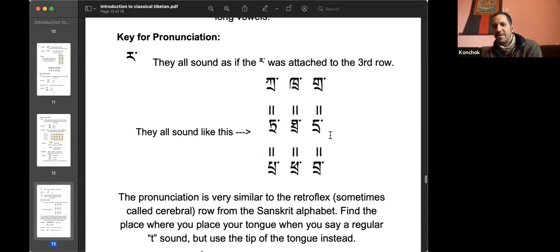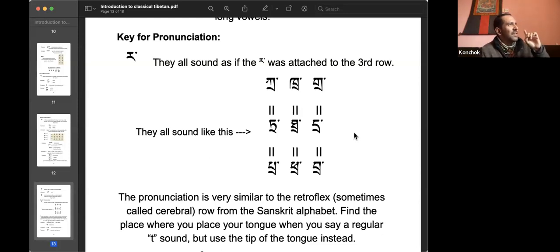In English we write TR, but it doesn't quite exist in Tibetan. The way to pronounce it is, if you say a normal T sound, like, I'm taking T, then you check where your tongue is touching behind the front teeth. There is a place up there.